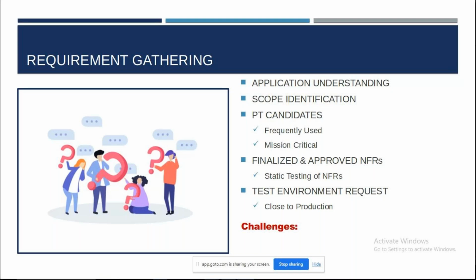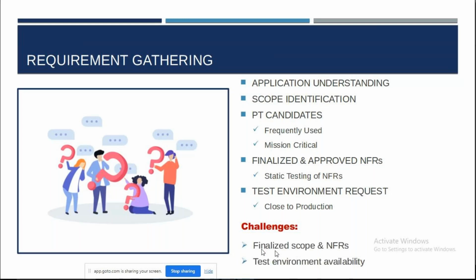Now these are all good things, guys, right? But as you know, no project runs very smoothly. We always have challenges, right? So in the requirement gathering phase also you will find some challenges. First challenge is that most of the time it is a challenge to get the proper NFRs.